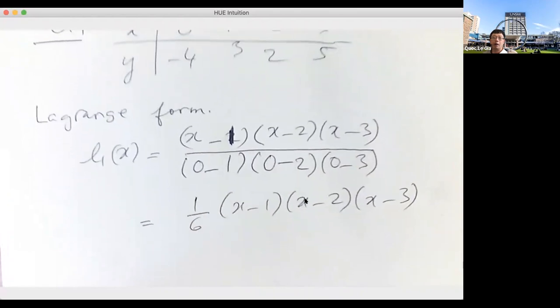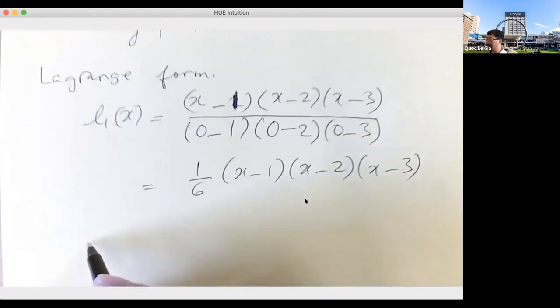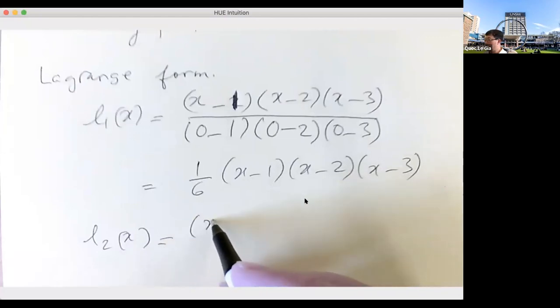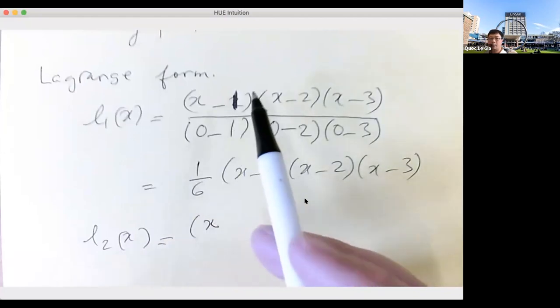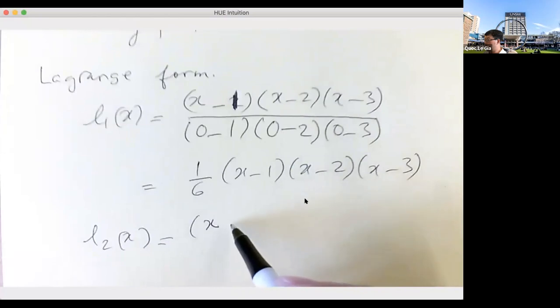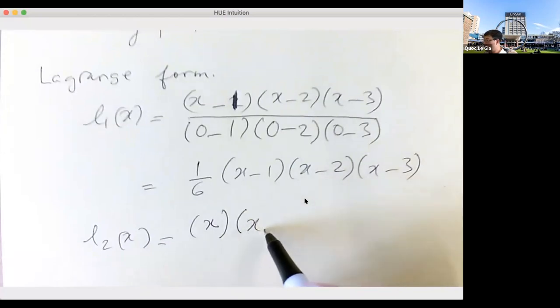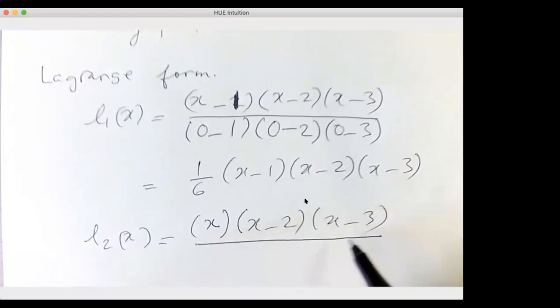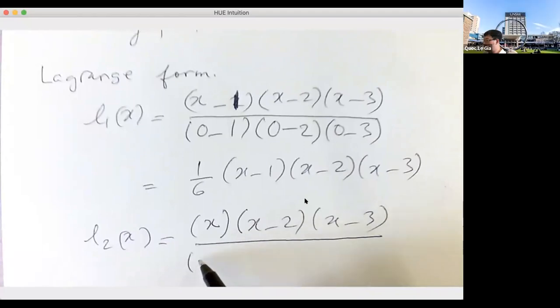Okay. And you do the same to get L2. So L2(x) will be x minus everything except the second point. So x minus 0, which is just x. Then x minus 2, x minus 3. Okay, and the second point is 1 minus 0, 1 minus 2, 1 minus 3.